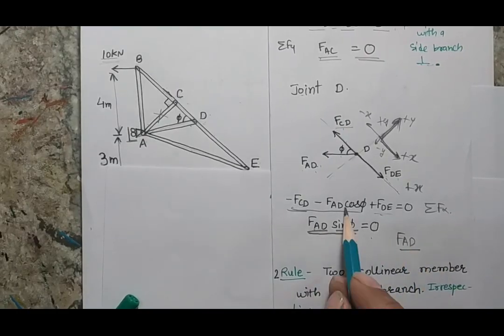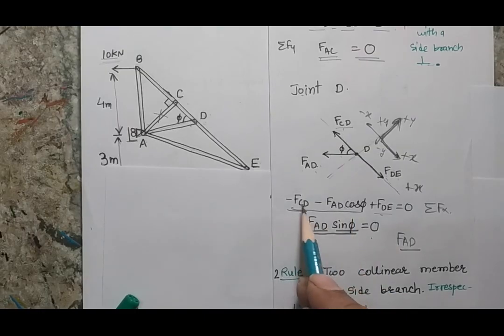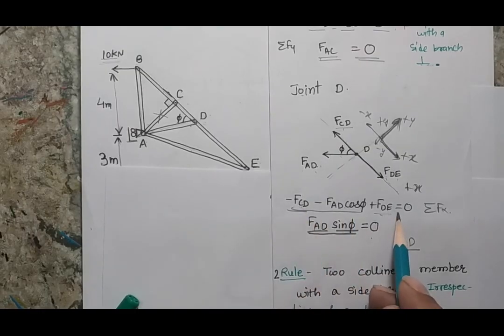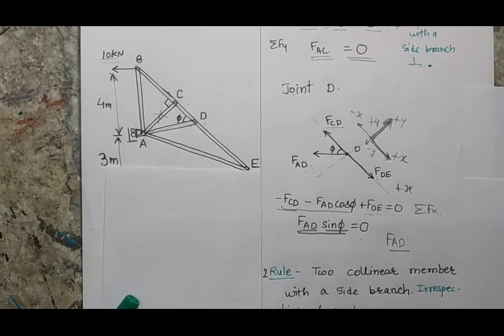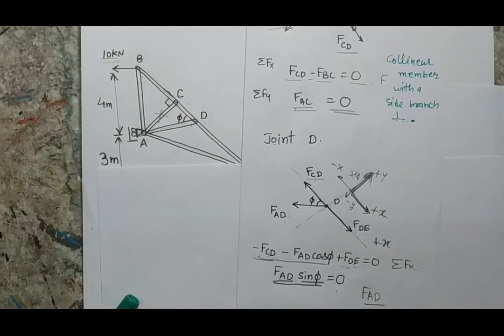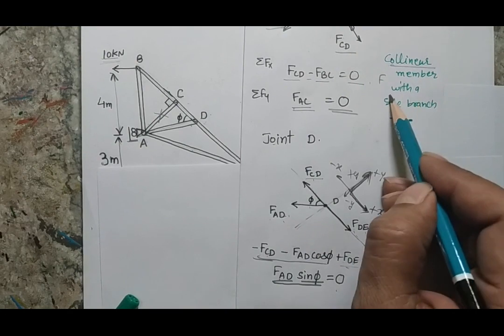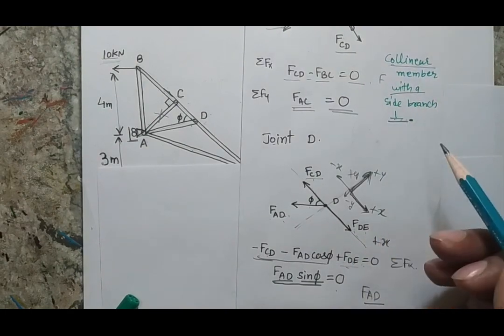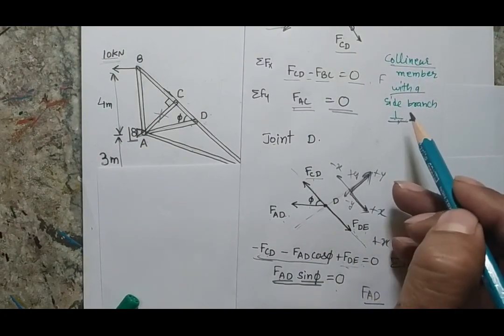When I put FAD here, again the same FCD and FDE, two forces will be there and they will balance each other. However, I am not able to tell about the magnitude. So here also I have to modify my previous rule, where I was saying that for two collinear members with a perpendicular side branch, the side branch will be a zero force member.